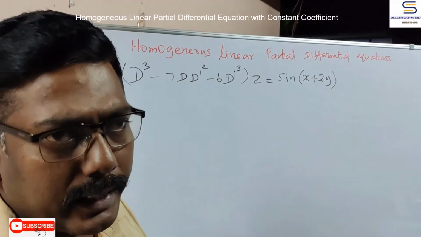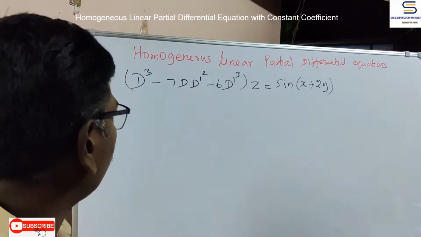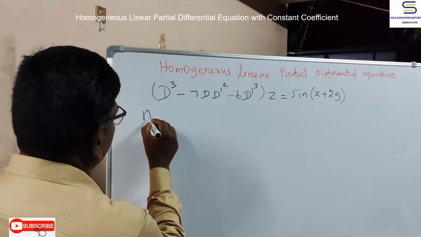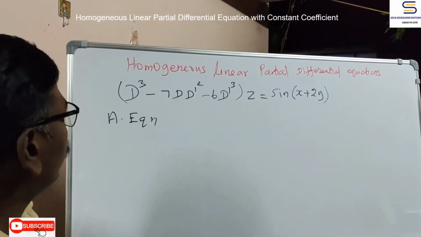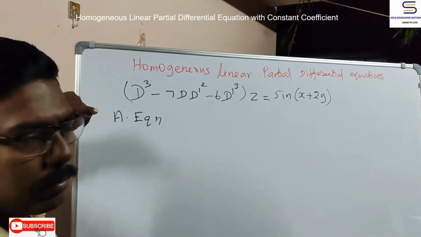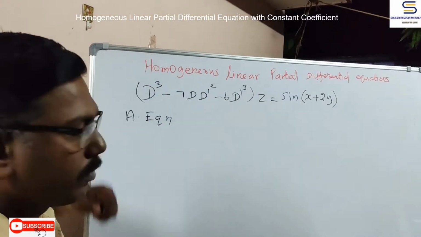First, we have to write the auxiliary equation, shortly called AE. Put D equal to m and D' equal to 1.